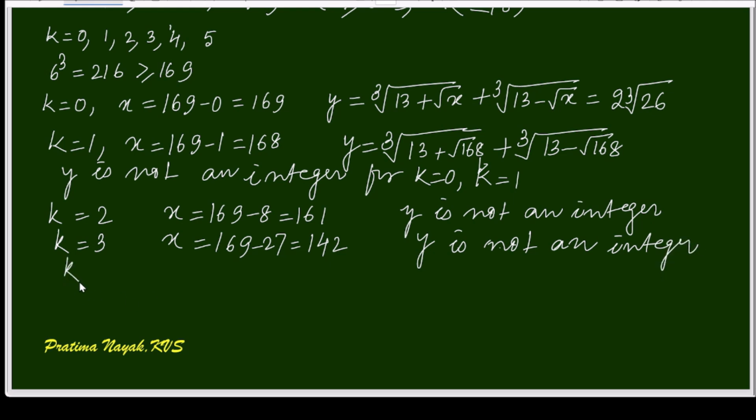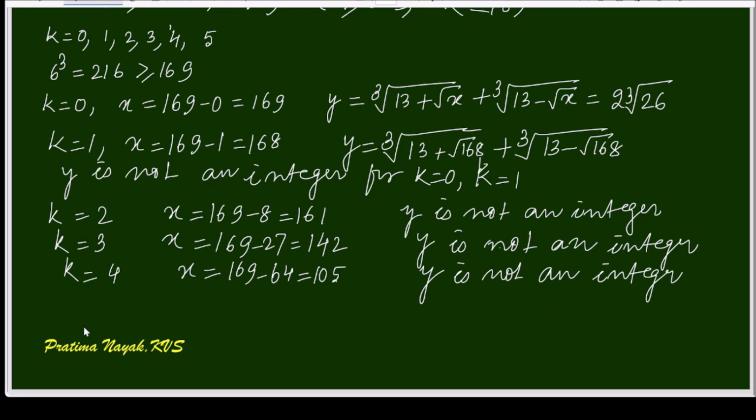k equals 4, that time x equals 169 minus 64, that will be 105. You put 105 in place of x. y is not an integer. k equals 5, x equals 44, that time y is not an integer.